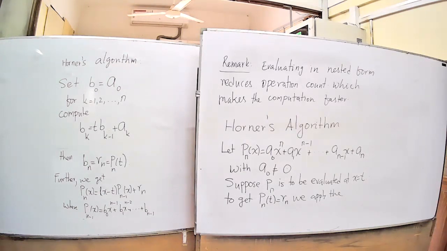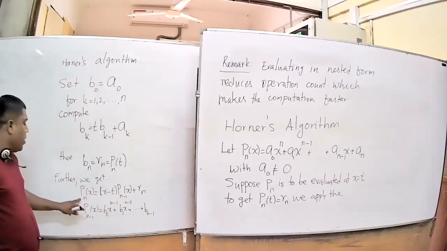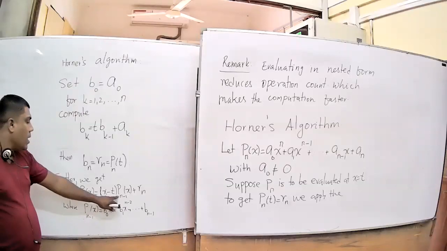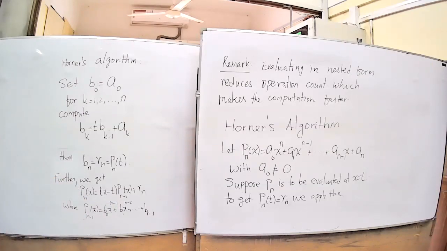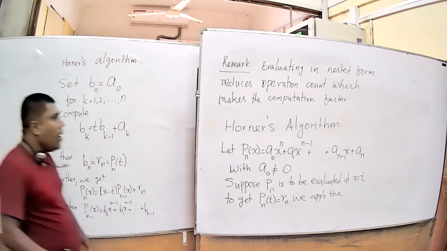In addition to this, what you get is Pn of x equals x minus t times P of n minus 1 of x plus r of n. So you get that as well. This means you reduce the polynomial Pn of x in this way. So you see that it is basically a polynomial division.